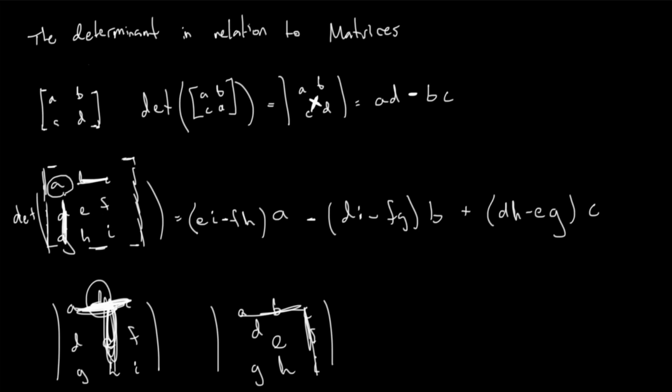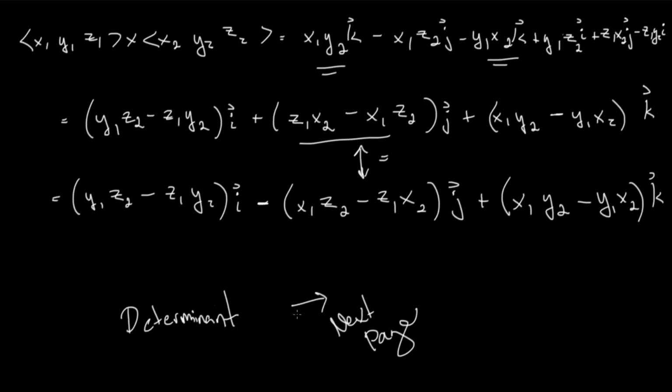We can use this when we are determining the cross product of two vectors, and this is how we do it. I'm going to take those two vectors, x1, y1, z1, and x2, y2, z2, and take the determinant of the following matrix.